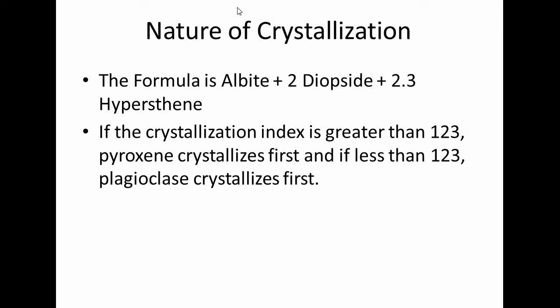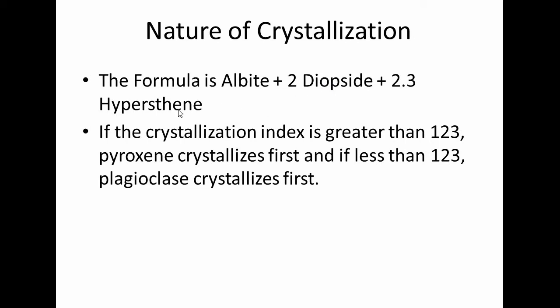That is, after finding the weight percentages of different minerals, if the rock has albite, diopside and hypersthene, you can find the percentage of albite with respect to these three minerals. That is, you calculate the percentage of albite from the amount of all the three only.